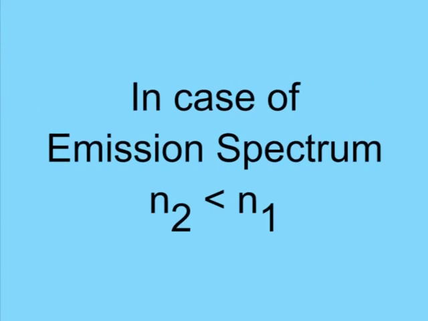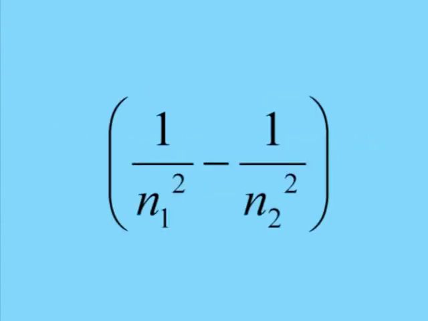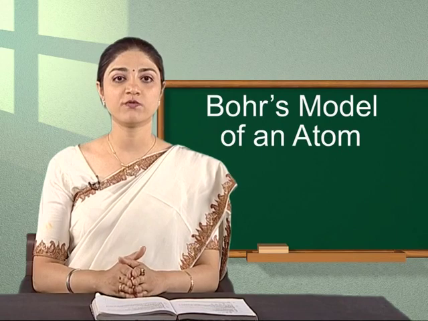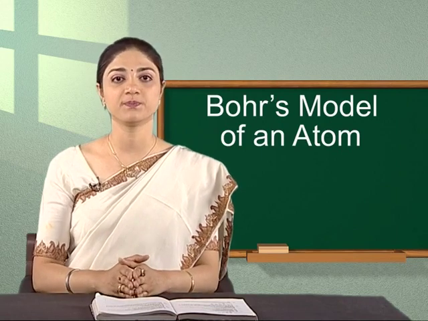In case of emission spectrum, n2 is smaller than n1. The term 1 upon n1 square minus 1 upon n2 square becomes negative, so that delta E is negative and hence energy is released. Let us try to solve one more numerical problem.